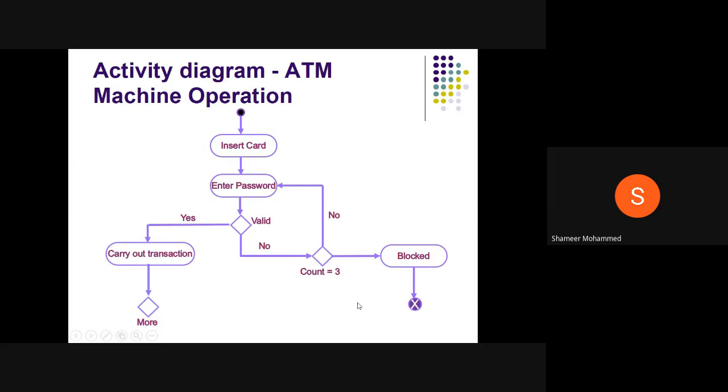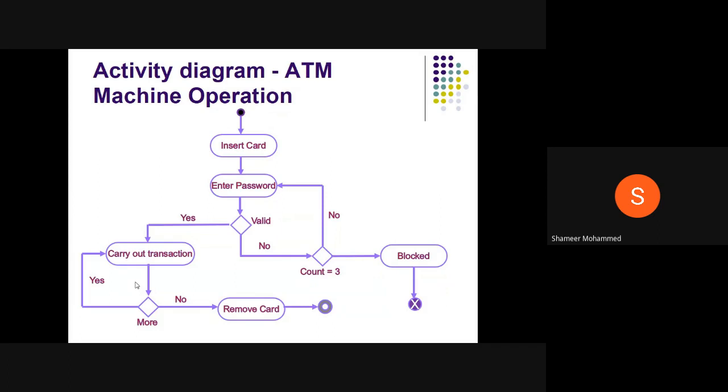So another one here, check carry out the transaction. If you want to continue, continue, yes. If you don't want to continue, remove your card, end the transaction. So here swim lane is not there.